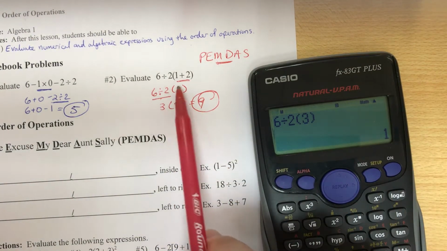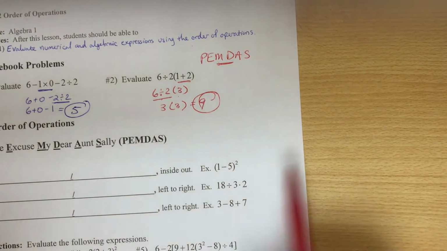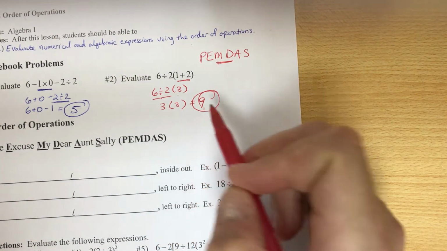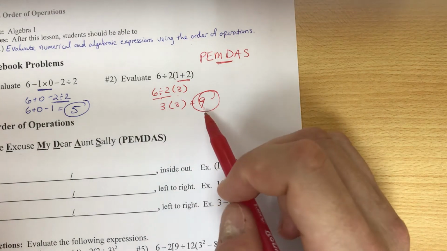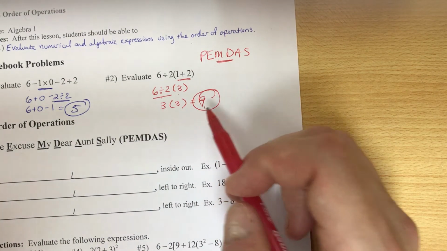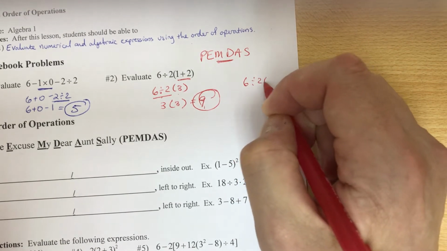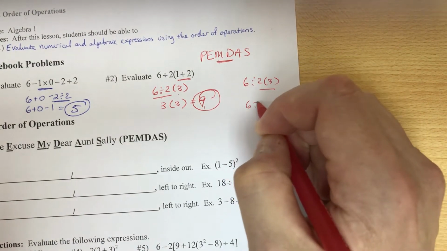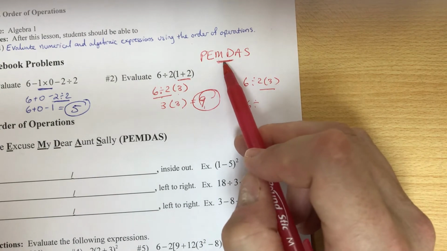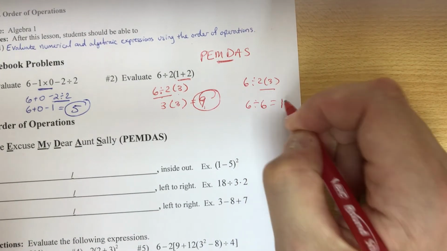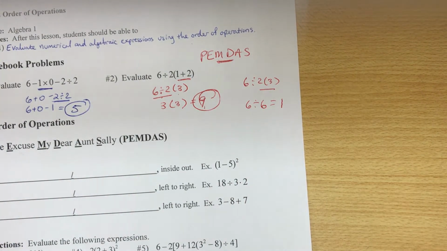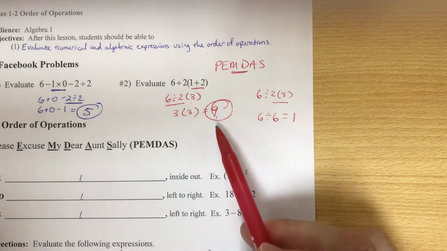In the US, we would do whichever comes first, and I would say the answer is 9. However, right now I am in Dubai, in the United Arab Emirates, and this calculator actually does the multiplication first. It follows this exactly, and 6 divided by 6 is 1. So, that's kind of interesting.